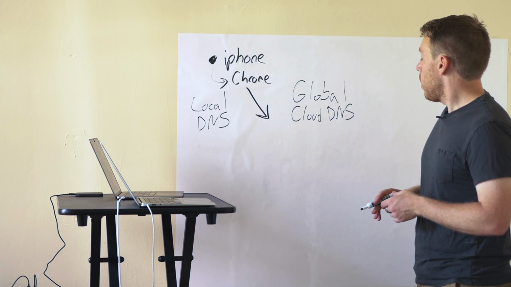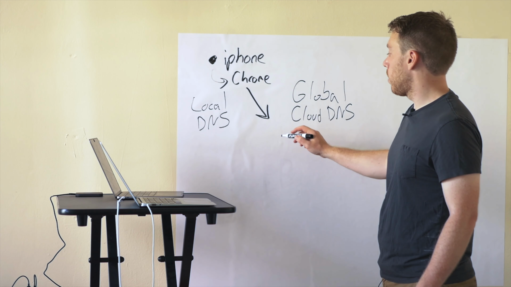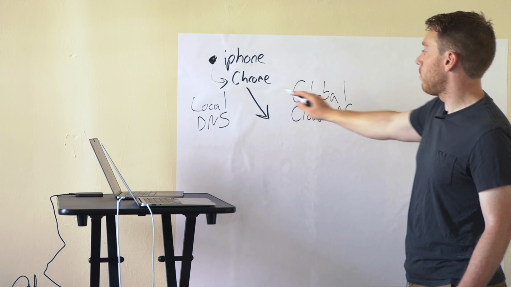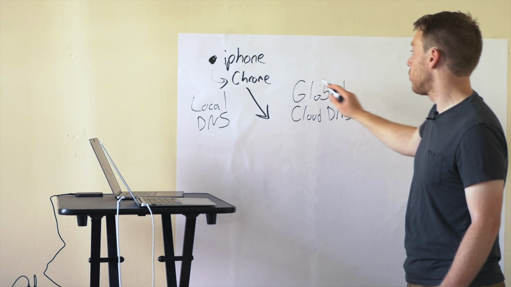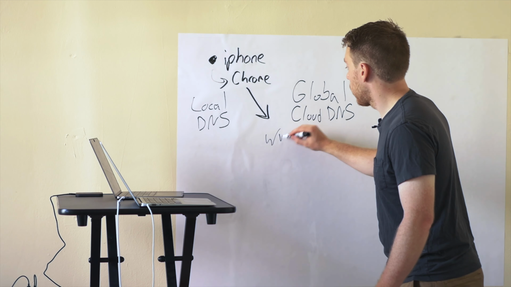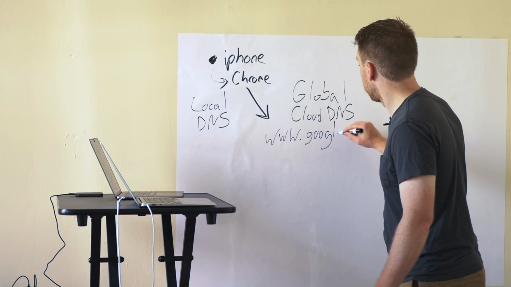When I issue the request for www.google.com, if there's no local DNS in place, it may go to a cloud DNS. And the cloud DNS might say, okay, you want www.google.com.